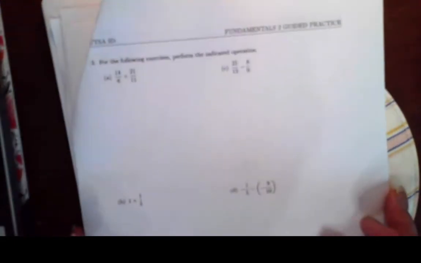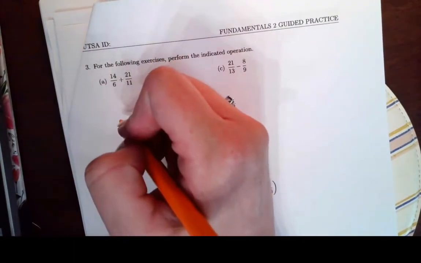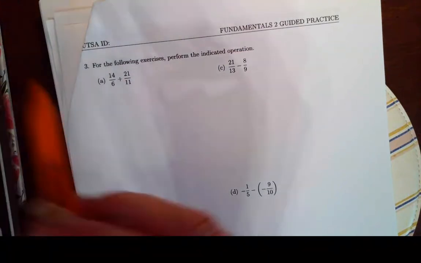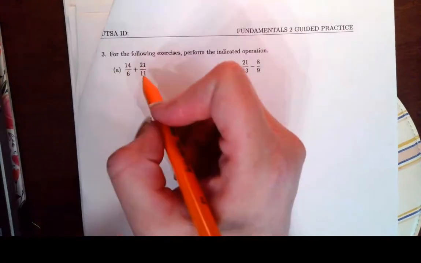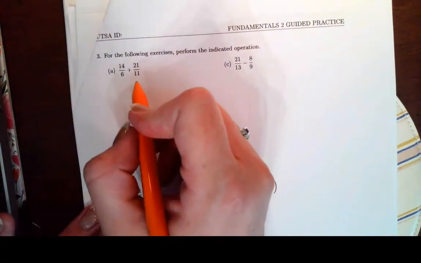So now I want to add and subtract, multiply and divide fractions. Okay, so I've got 14/6 plus 21/11, and I need to find a common denominator. So again, my common denominator can be found by finding the prime factorization of 6 and 11.